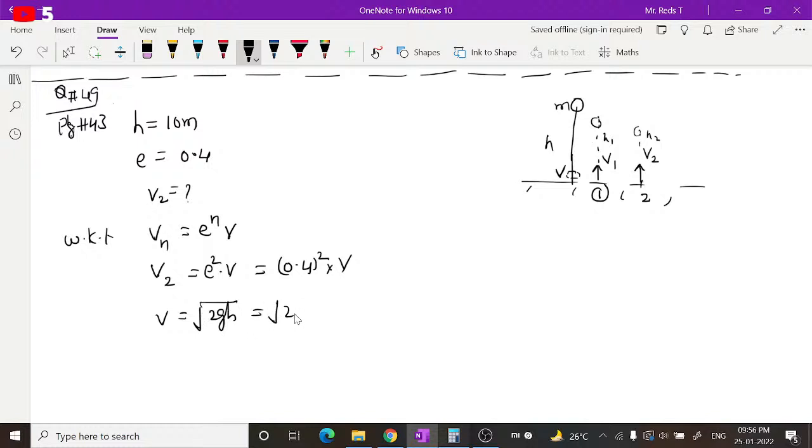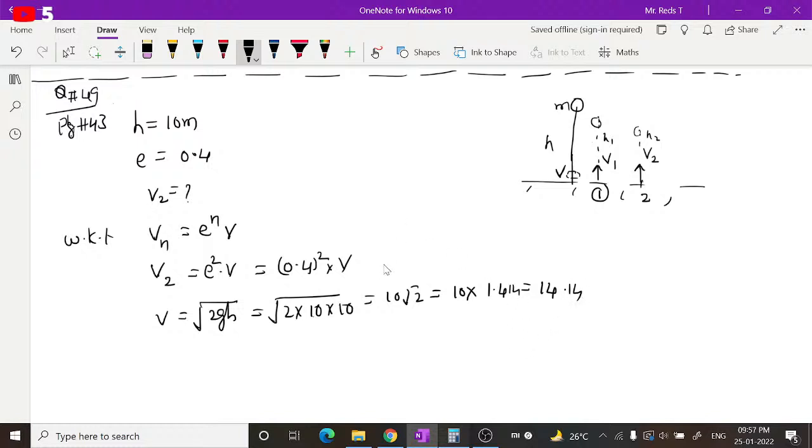It is equal to the square root of 2 into 10 into 10, the square root of 200, or root 2 into 10 squared, which becomes 10 root 2. Root 2 can be expressed as 1.4, so this gives 14. Or if you write it as 1.414, it will be 14.14.